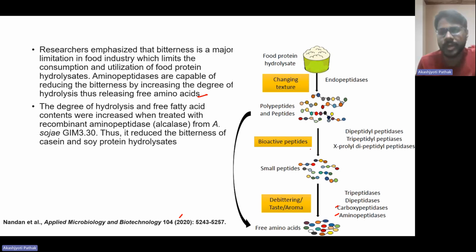These are even smaller peptides, and then these are acted on by the aminopeptidases, which break down the smaller peptides into free amino acid residues.